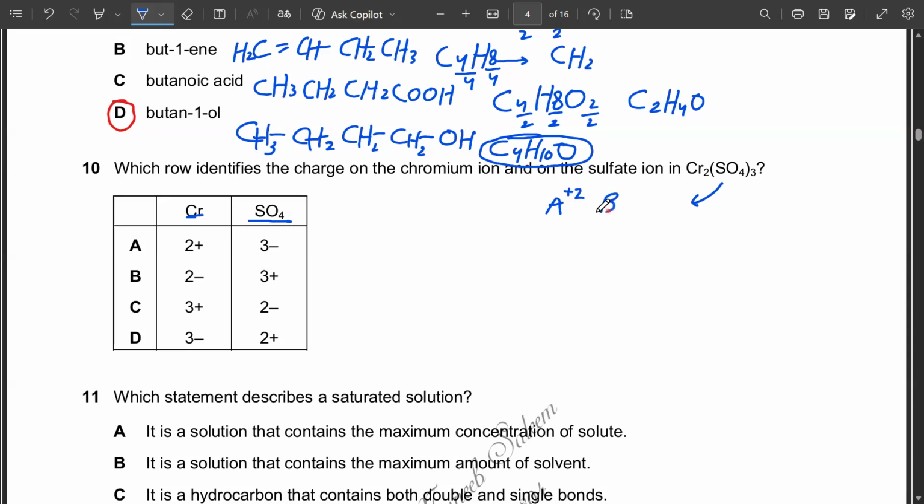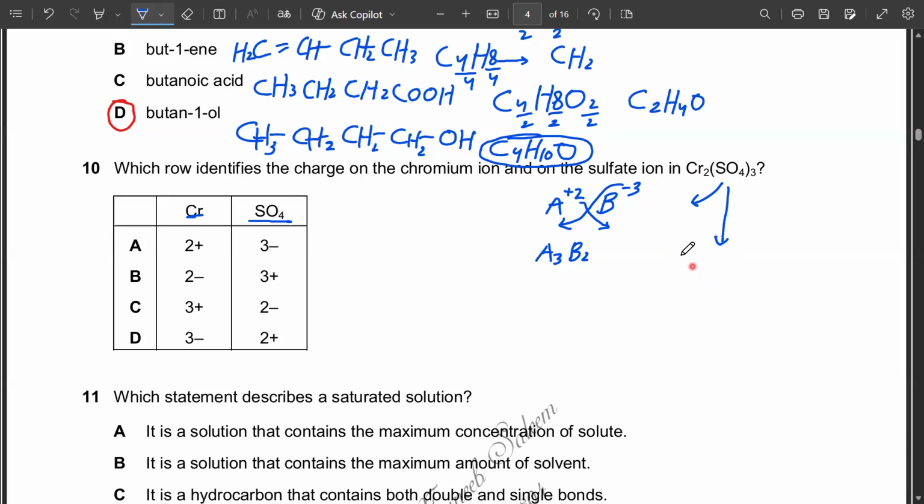Like if I have A and B with these charges, they are crossed in this way, and they will make a formula like A3B2. In a similar way, just split this compound into its respective parts.